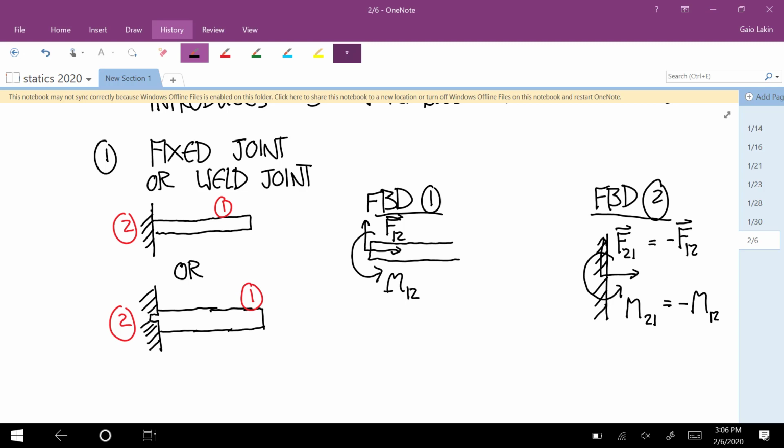That's a different thing. So the moments are what keep you from rotating it down, but there are also forces on there that keep it from sliding up or down the wall or sliding into or out of the wall. So that's F12.